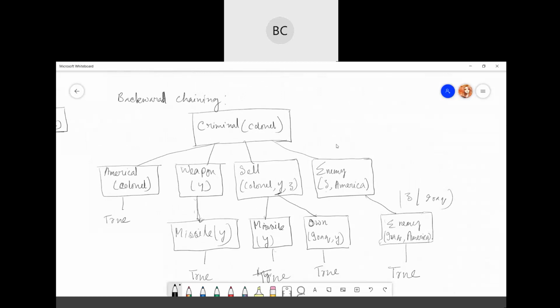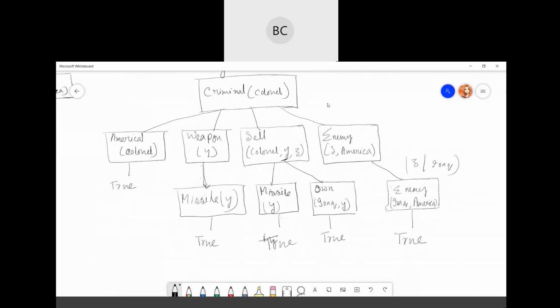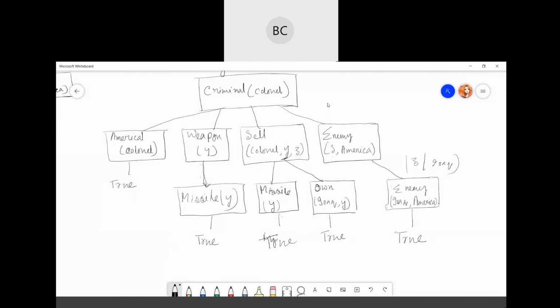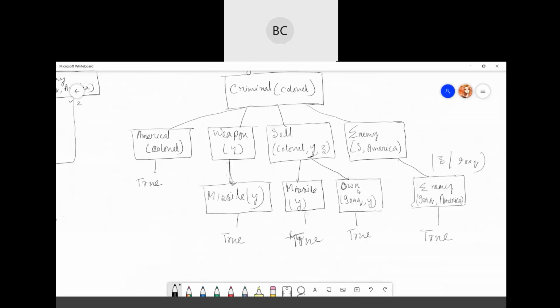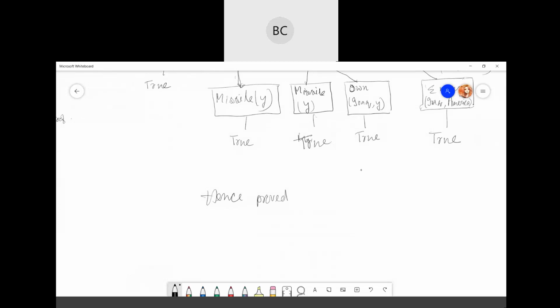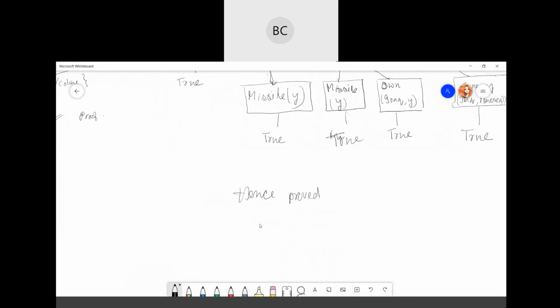So from the criminal colonel, we could fit all the facts we had in our knowledge base. So all single parts are true. Hence proof that colonel is the criminal. Okay. So in both ways, we prove that colonel is the criminal.